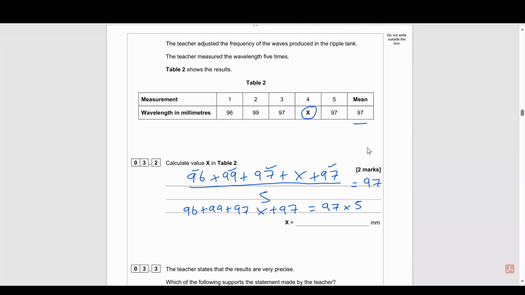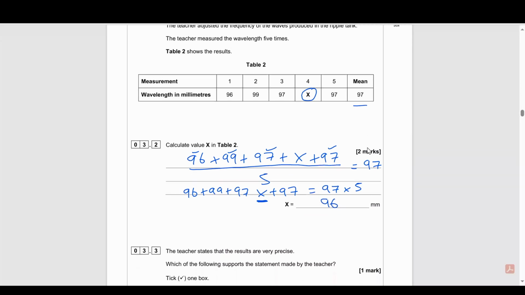So you add up the 4 values now, and then once you do that, you just take it away from whatever 97 times 5 is, and that will give you the value of x. So if you do that properly, you should come out with a value of 96, and that will be the missing value.